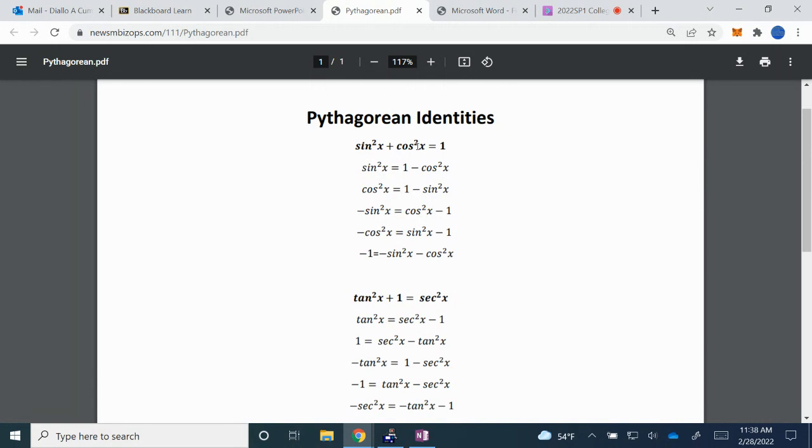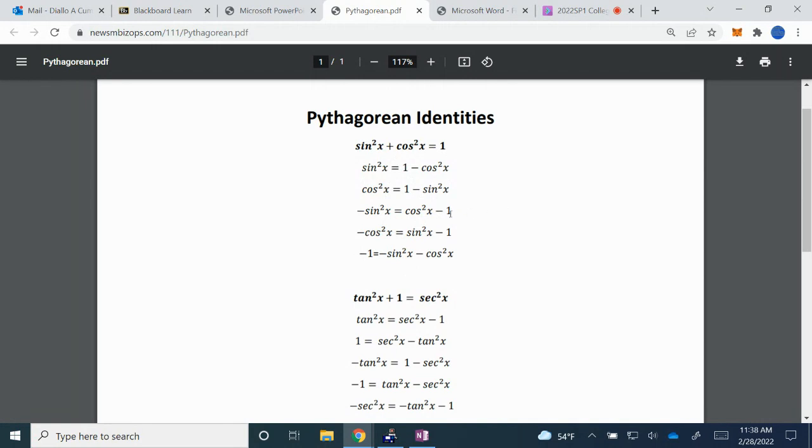It can be solved for cosine squared. It can be solved for negative cosine squared. It can be solved for positive 1, which it's already solved for, and it can also be solved for negative 1. Now, you're going to find in some instances when you're trying to simplify a trig equation or trig expression, you may have to rewrite, let's say, sine squared as 1 minus cosine squared.